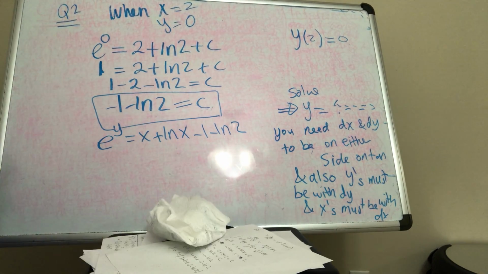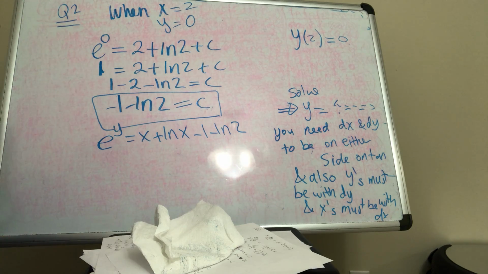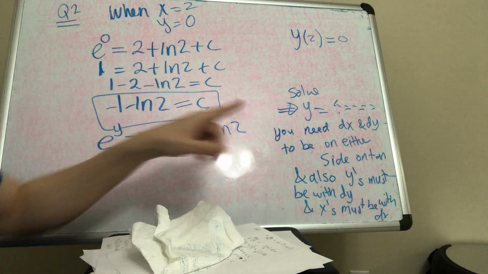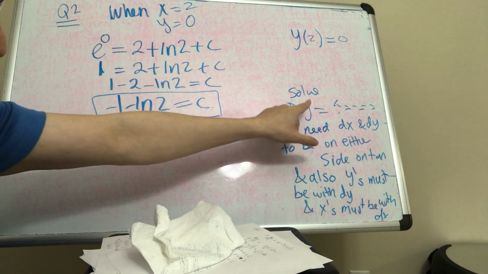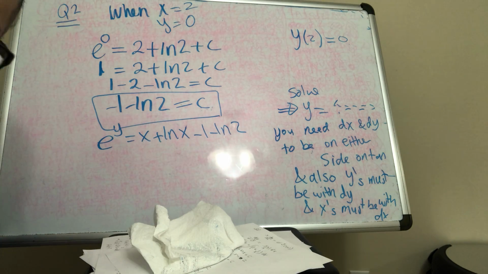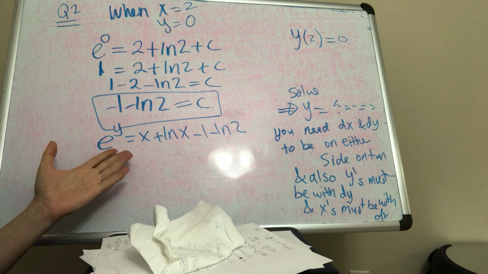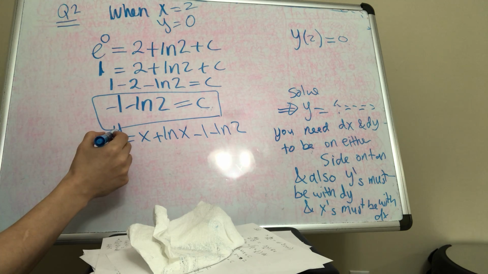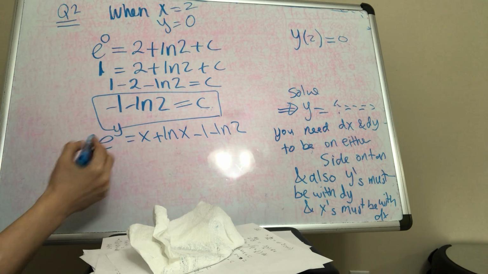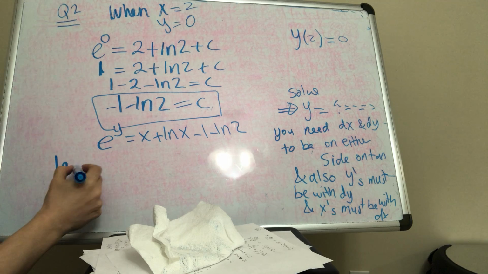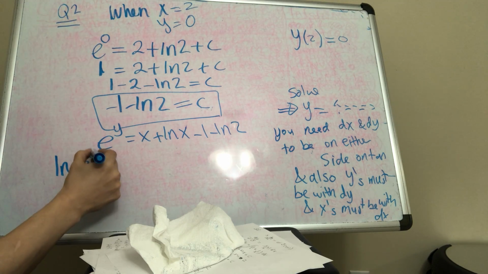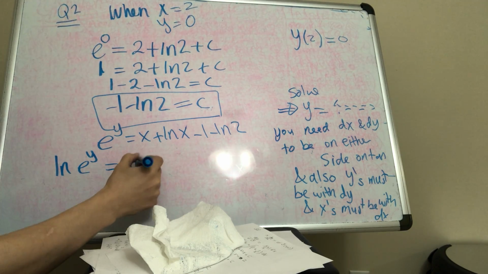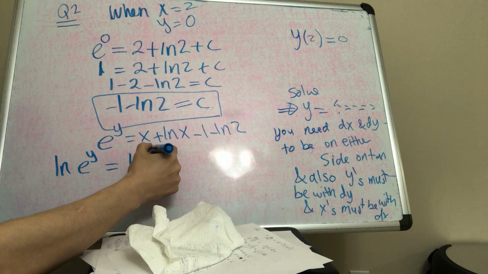But remember what I said, the goal here is to be able to write it as y equals something. So we got to the point that it's this way. We need to find y. So to get rid of this y here, I'm going to ln both sides of the equation. So I'm going to ln the e and ln all of this.